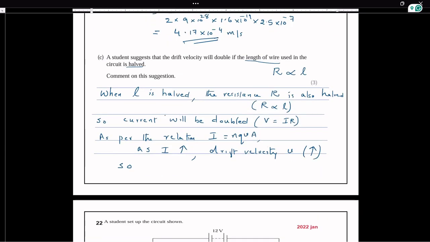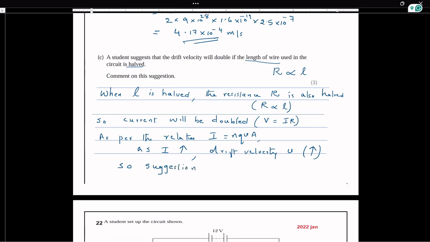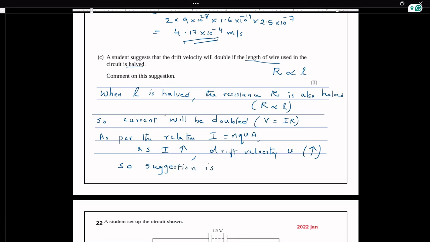As per the relation, as the resistance is halved, the current is doubled. So the current is doubled means the drift velocity also is doubled. So the suggestion is correct.